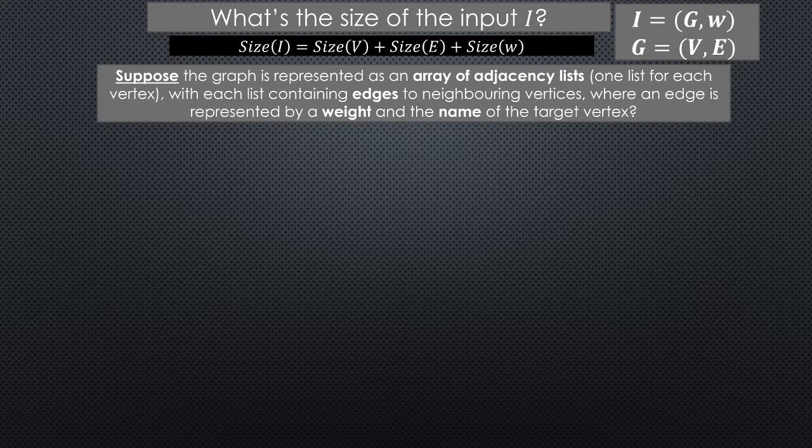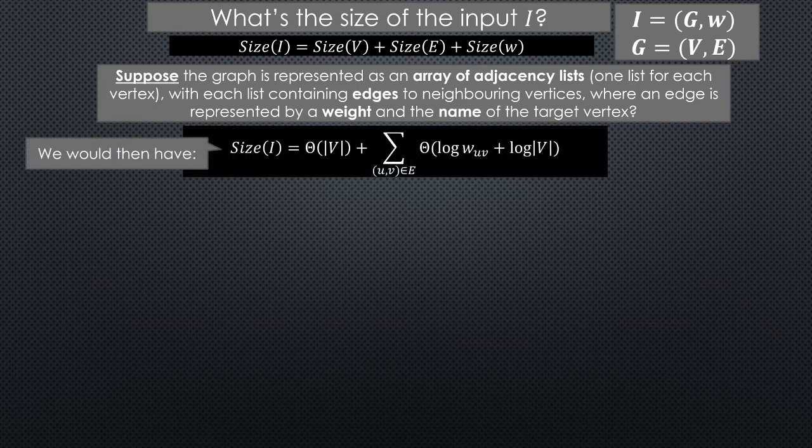So you have an adjacency list. Each element of the adjacency list is a pair consisting of the name of the target vertex. So the list for node U contains pairs where each pair is the target of that edge, node V, and the weight of that edge, some W from U to V.